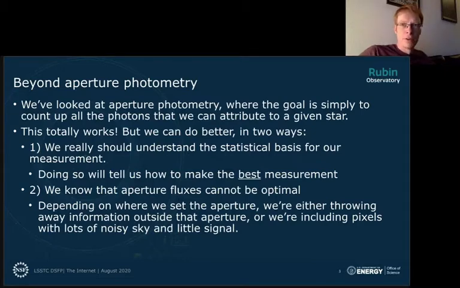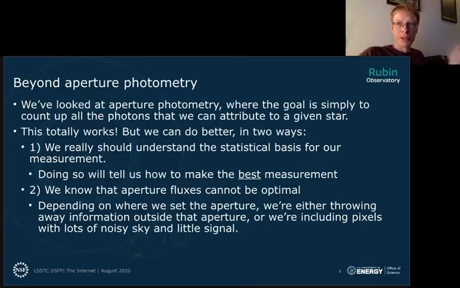And the other thing is that we know that aperture photometry can't be optimal because it has this arbitrary radius parameter. If you make the radius too small, then you're throwing away information because you're not counting the extended PSF of the star.